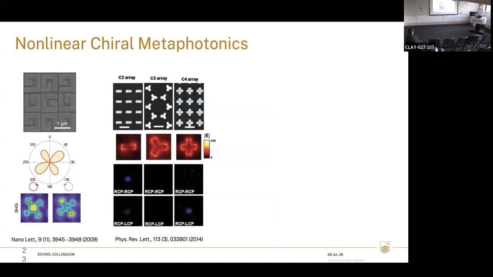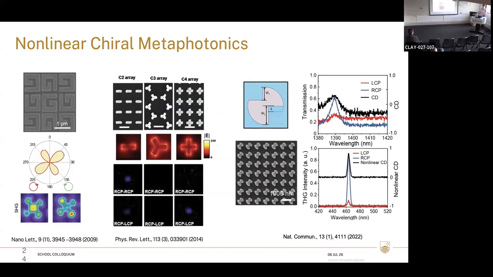And later, in the development of this area, there was some work in plasmonics exploiting symmetry. And after some time, there was one of the first works which used the bound state in the continuum and dielectric metasurfaces for achieving chiral harmonic generation.